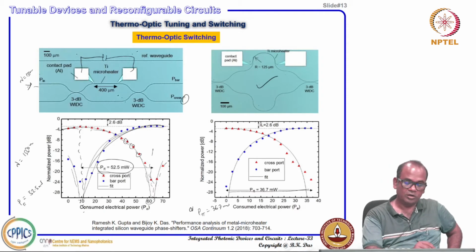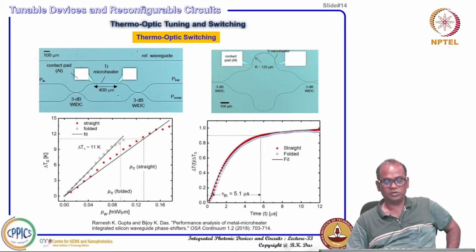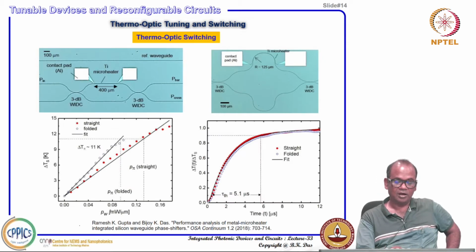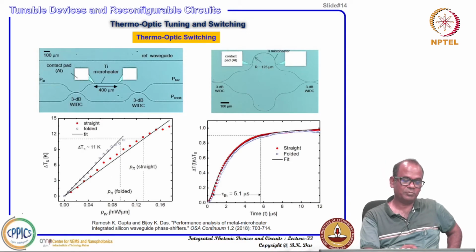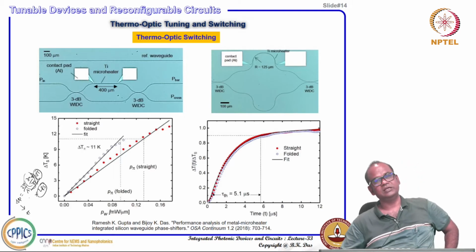Good. Now you see some more study. We calculated back, because you know the phase shift, delta phi equals 2 pi by lambda times delta n effective by delta T times delta T, that is your delta n, multiplied by L_PS. L_PS is known, delta n effective by delta T is known, the operating lambda is known, and if delta phi is pi phase shift, then I can find out the temperature rise.